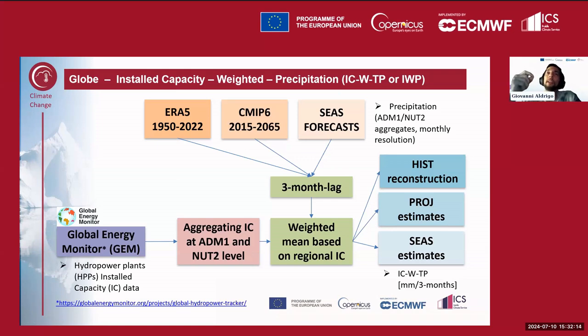We then compute a weighted mean of precipitation to obtain the country level proxy. Again, we produce this data for the 3 streams, the historical reconstruction, the projection estimates, and the seasonal forecasts. The units of this proxy will then be millimeters over 3 months.